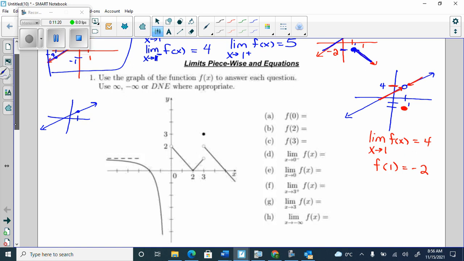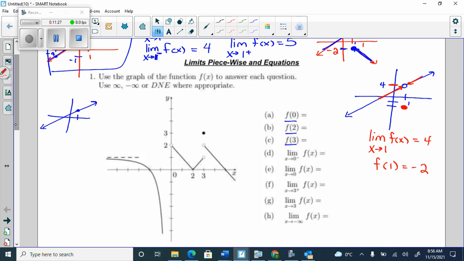So we want, for these ones, these are just grade 10 questions. F of 0, F of 2, F of 3. Fill them in. Remember, does not exist as an option.